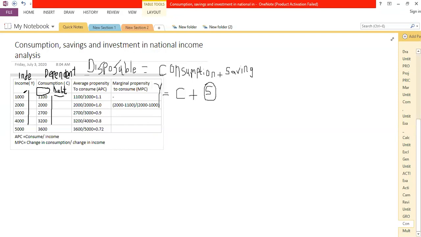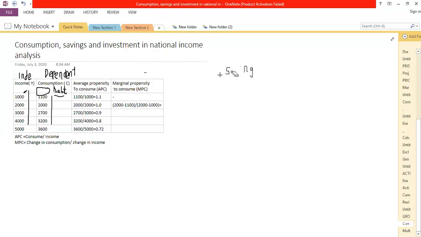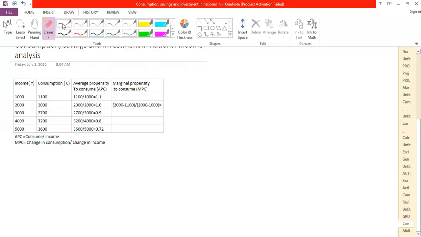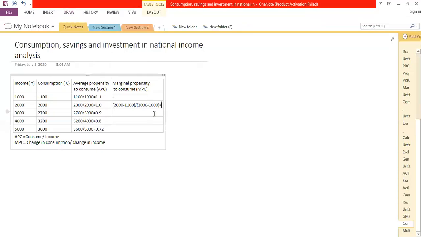And that will give us a figure of what? We have 2,000 and 1,100. That will give us a difference of 9. Divide by 1,000. That will give us a value of 0.9.